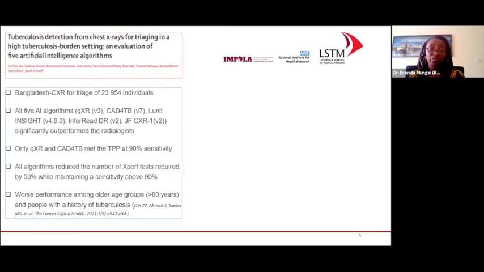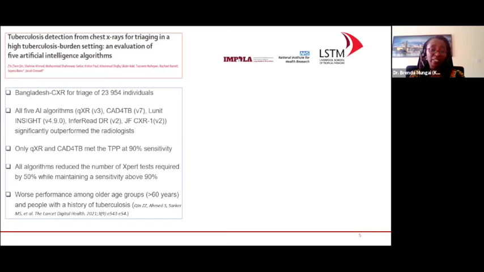And in this study by Qin and team, only qXR and CAD4TB met the TPP at 90% sensitivity. This is the target product profile that WHO uses to consider whether a test is adequate for screening or not. Then all algorithms reduced the number of expert tests required by about 50% while maintaining sensitivity.